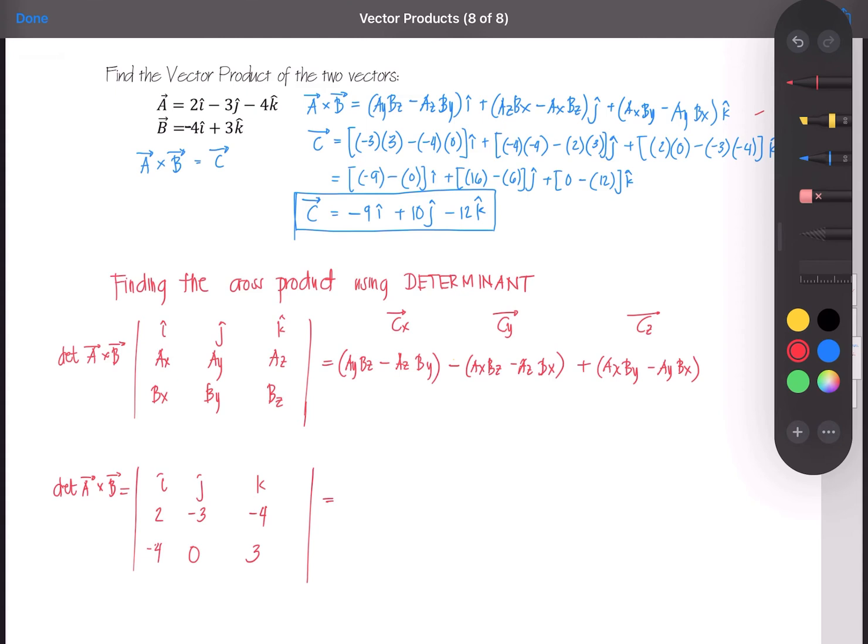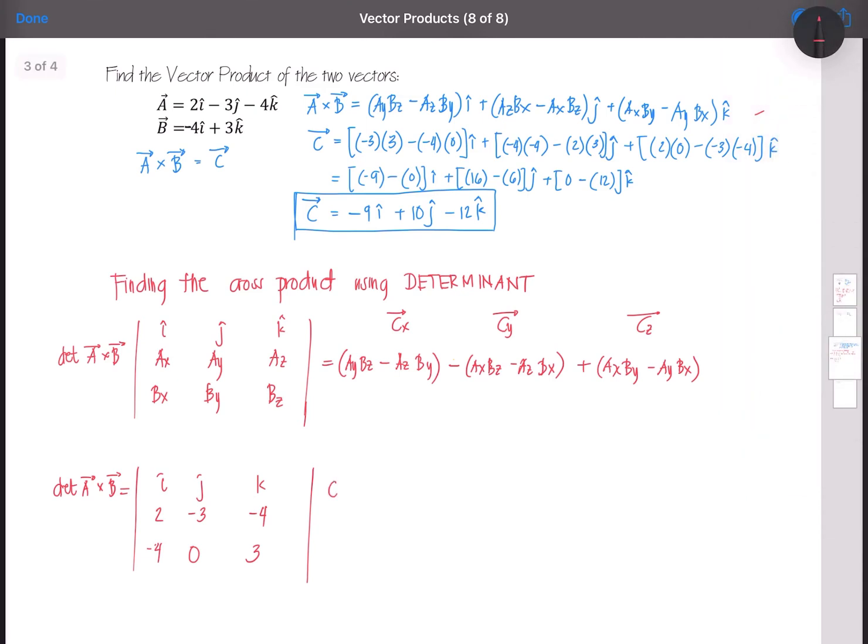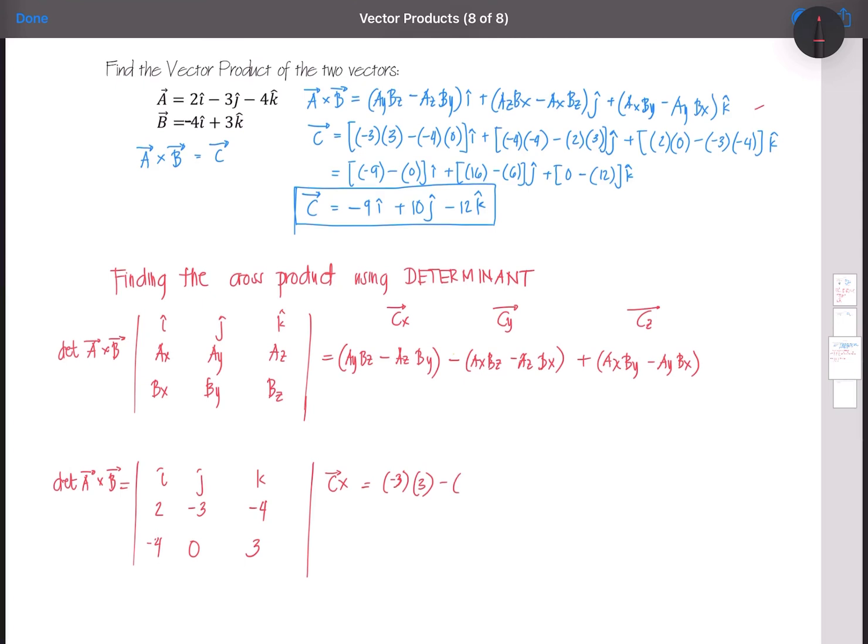I'll rewrite it this way so we don't get confused. For CX, cover that column: we have negative 3 times 3 minus negative 4 times 0. That gives us negative 9 minus 0, so that is negative 9.